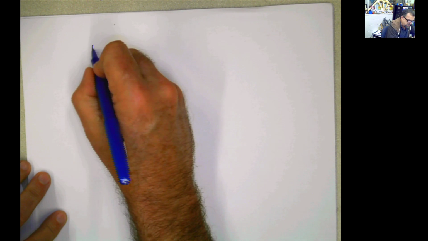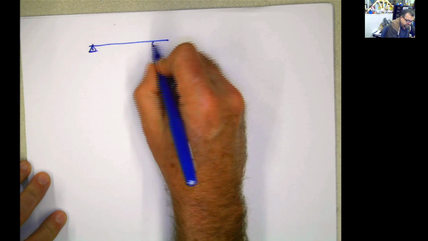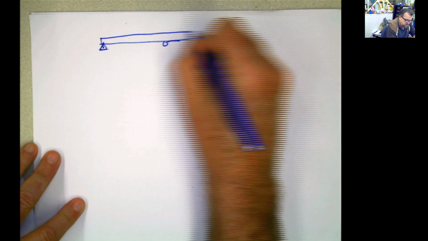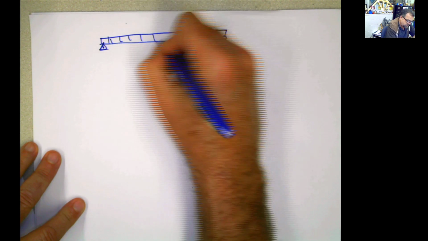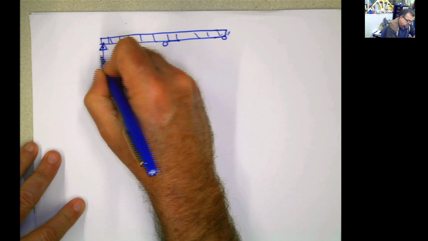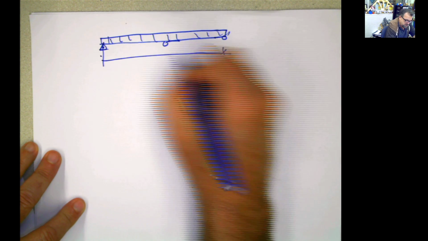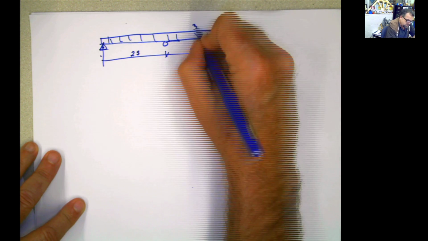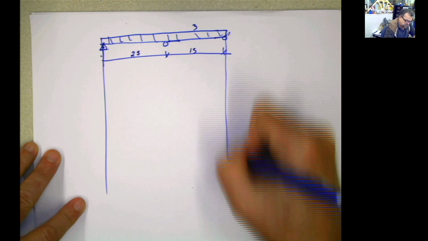Every time that you have this type of continuous beam, like that, you have this distributed load, the shear diagram, the shear moment diagram, is super easy, because it is always going to follow this shape.